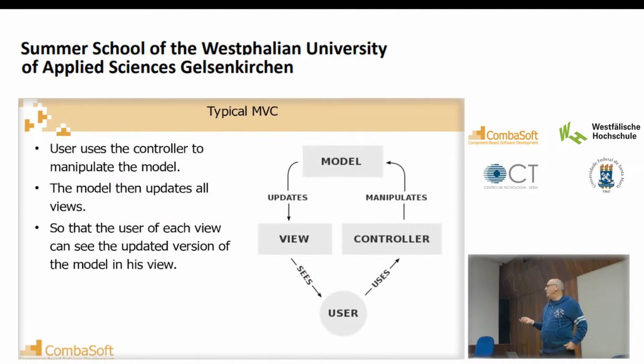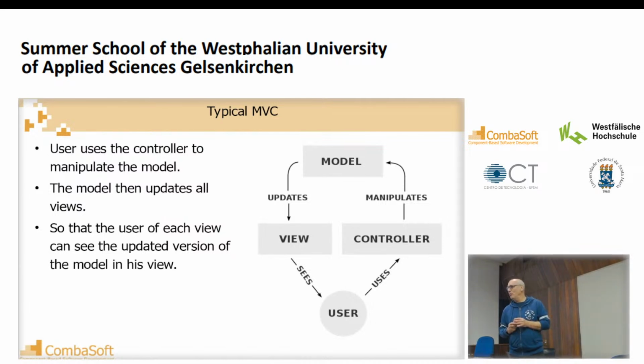So we have a typical sequence of actions. The user uses the controller to manipulate the model. Then the model updates one view, or all views, and the user can see the update. This was so basic that today, if you look around, you will find 20 modifications of this model, depending on where you are working.